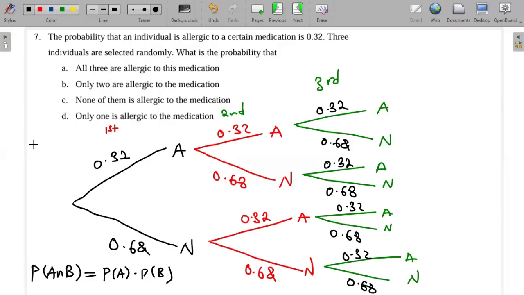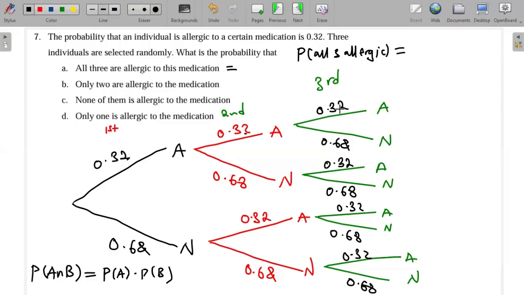So we are finding the probability of the first person intersection the second intersection the third. And we know that these are independent, so we just multiply their individual probabilities. So probability of all three allergic is going to be equal to this multiplied by this multiplied by that.